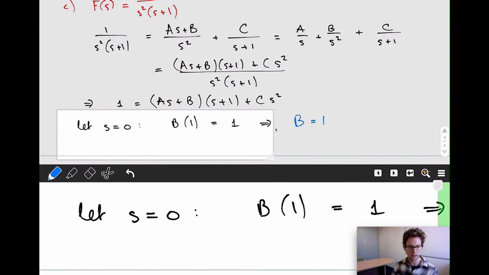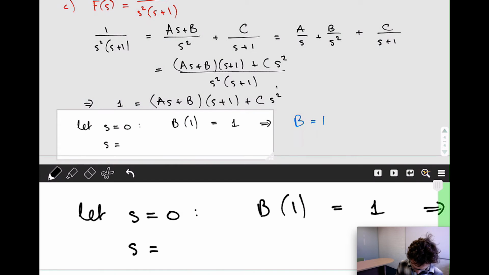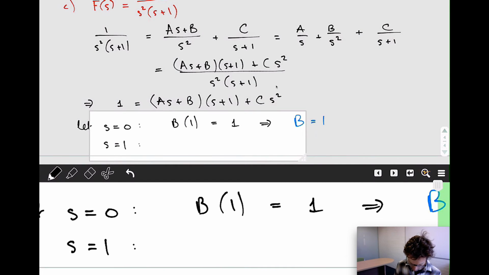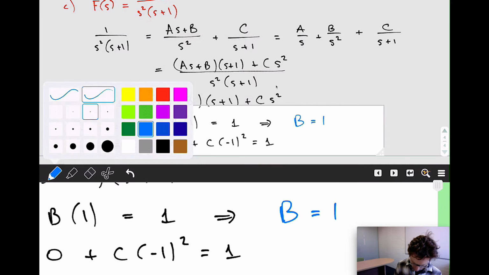What else can I do? Well, I could use s equals minus 1, because that would kill off this term, so killing off a and b and leaving me with c. So that gives me 0 plus c times minus 1 squared is equal to 1. So that gives me also c equal to 1.